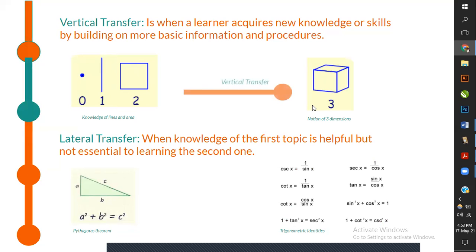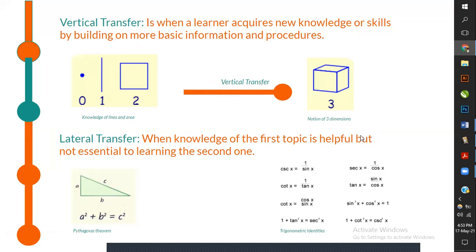And transferring that knowledge, vertical transfer, would use this knowledge to help you understand notions of third dimensions, for example, volume. So that's vertical transfer. You use previous knowledge to help you go one step further into the topic.